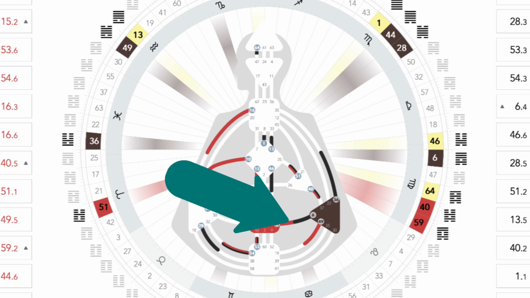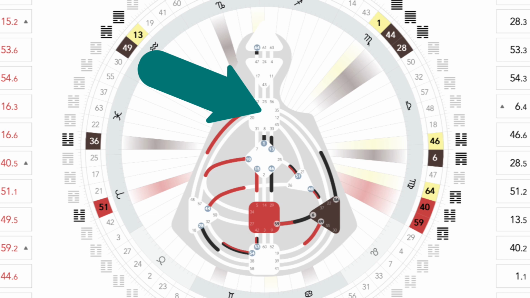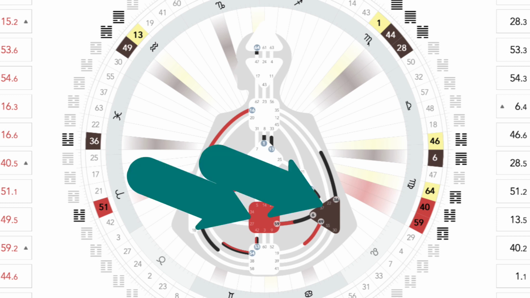And it's the interplay between the gates and the centers that determine who we are. And I mentioned that centers are either defined or undefined. When there is a gate active at both ends of a channel, then both of those centers become defined.